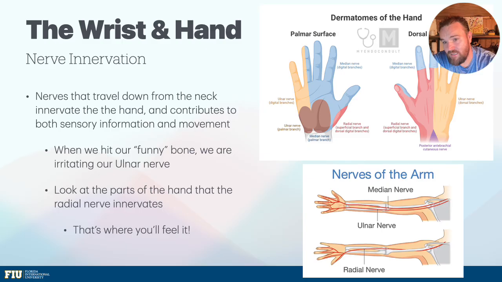So if we go back to this, if anybody has carpal tunnel syndrome and it's affecting the median nerve, we can see that that is the blue section here. So that's, especially on the palmar surface, everything except for that innervated by the ulnar nerve. So we can see that if you have carpal tunnel syndrome, chances are you're going to have pain in the blue section of the hand of this picture, of course.